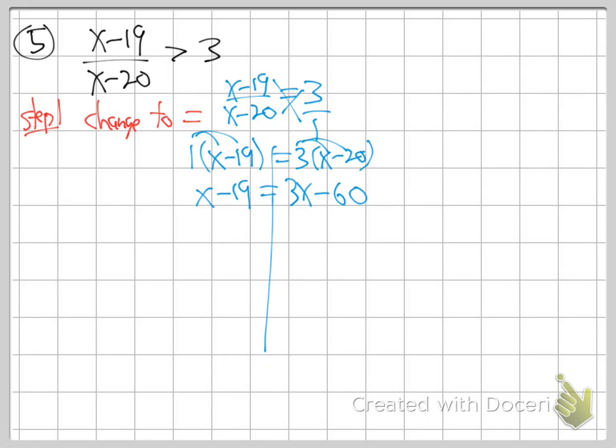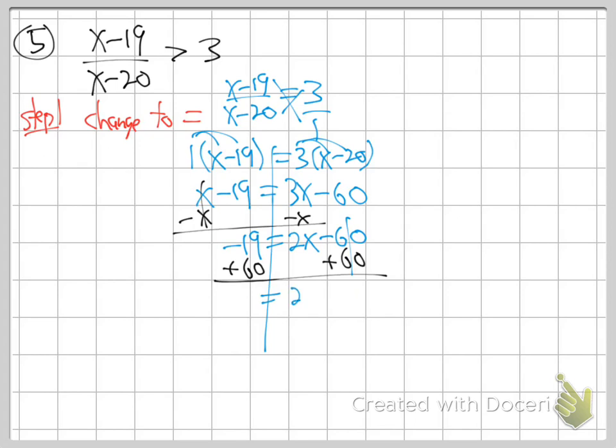So to get x alone, we've got x's on both sides, right? Remember how that works? Get rid of one of them. Last step, divide by 2. 41 halves.